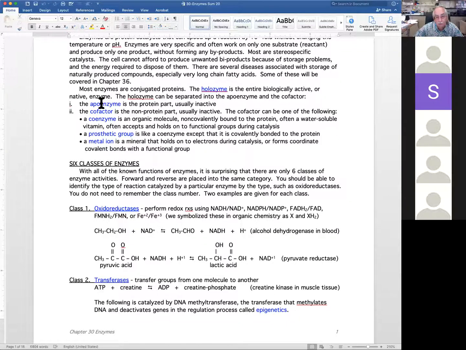And because most enzymes are conjugated proteins, the cofactor can be called a coenzyme. It can be called the metal ion. It could be a prosthetic group, or they can name it by what it is, like a porphyrin ring or something. But the difference between a coenzyme and a prosthetic group is that the prosthetic group is covalently bonded to the protein.